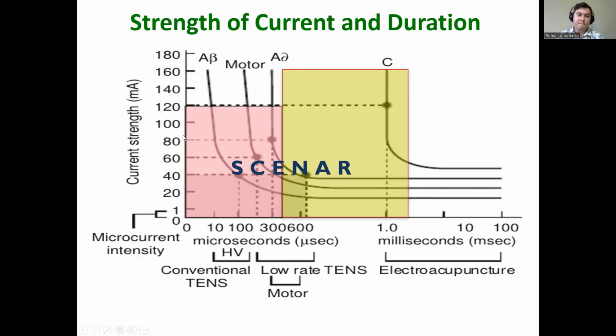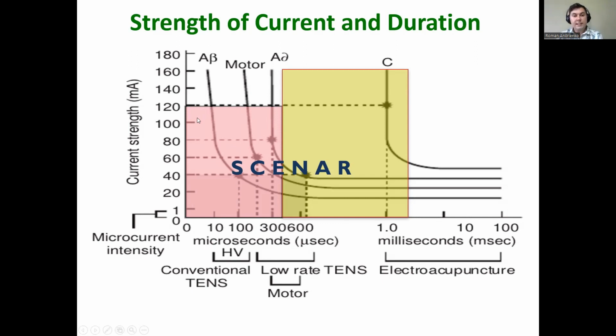In this diagram, we can see the comparison of Scenar with different technologies such as TENS or HV or electroacupuncture and so on. The y-axis here shows the strength of our current in milliamperes, and the bottom axis, the x-axis, shows the average duration of the wave in microseconds.